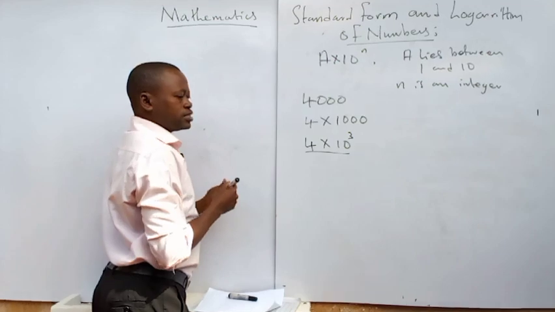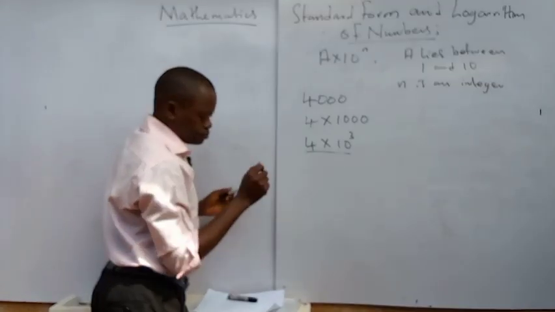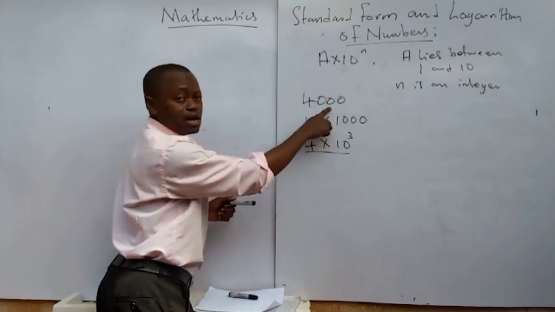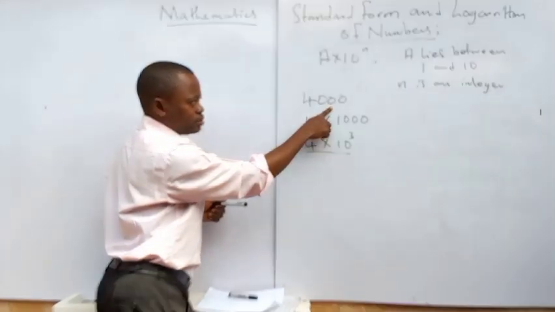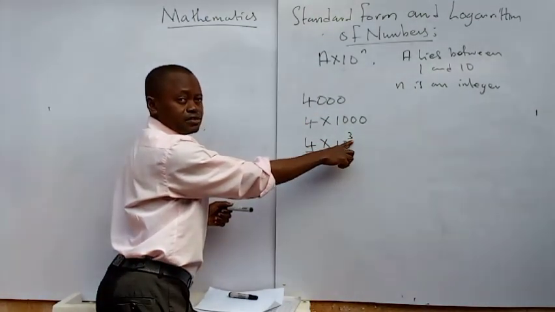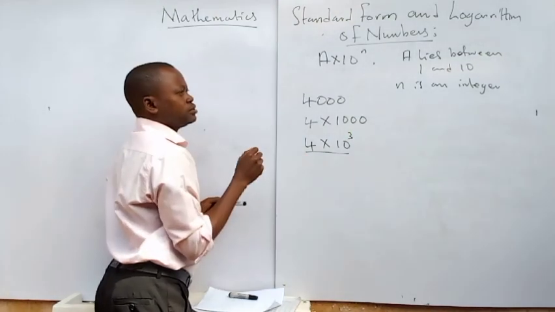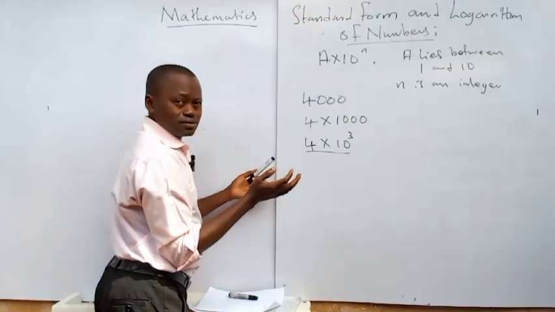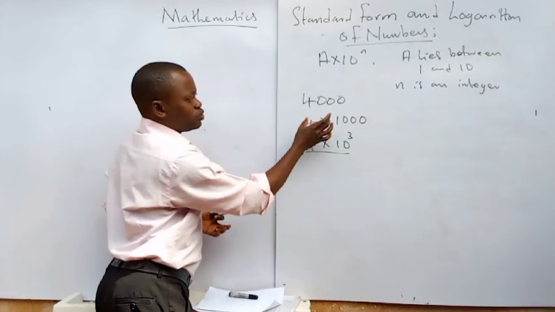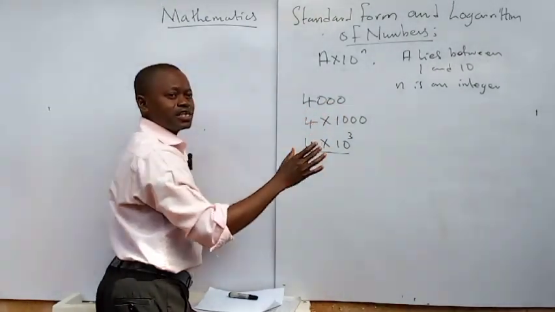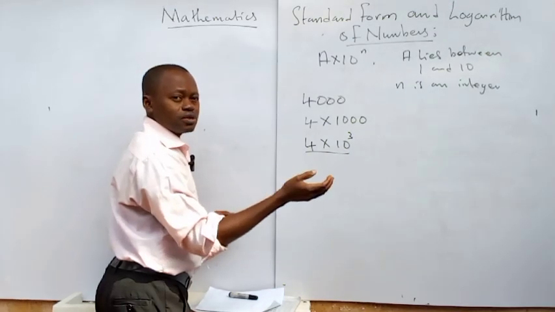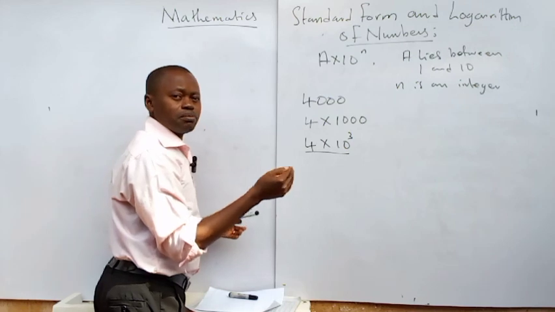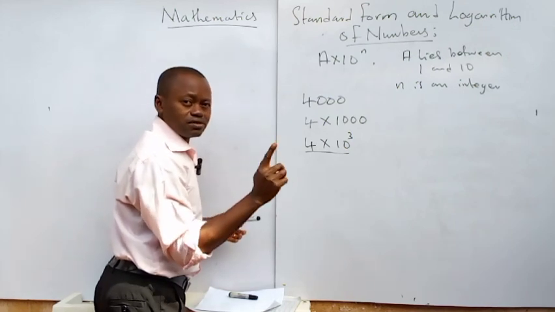There's something I want you to discover. The number of digits here is 4, and the power of 10 here is 3. So if you want to write a number greater than 1 in standard form, the number of digits before the decimal point minus 1 will give you the power of 10.